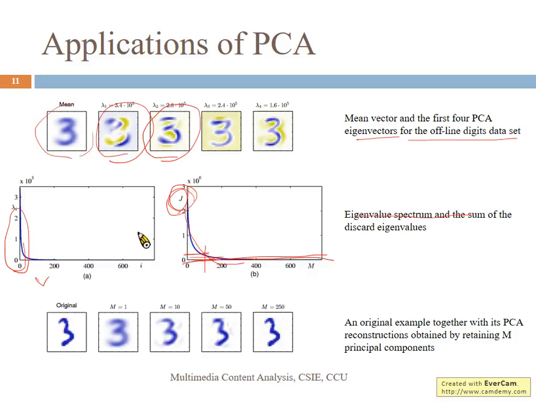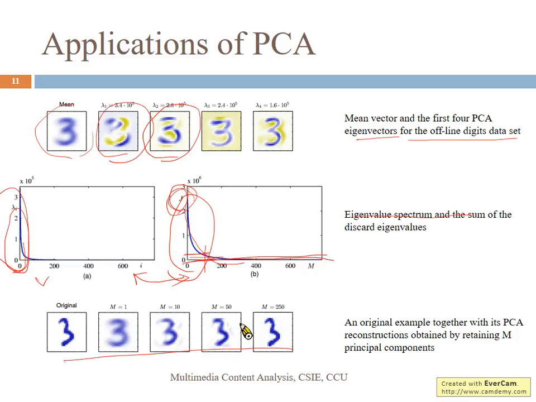So from both of these two figures, we can see that most of the information concentrates on the first few eigenvectors with the largest eigenvalues.